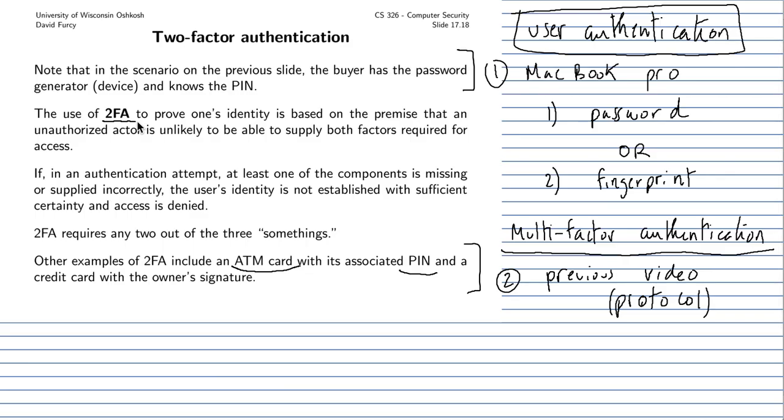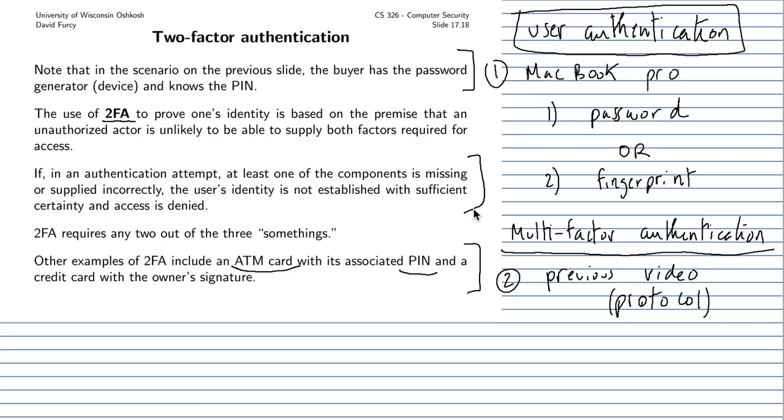Again, the difference between the earlier example and two-factor authentication is that the OR in this case is replaced with an AND. In particular, if one of the required items is not presented to the system, if one of them is missing, then the user cannot be authenticated.